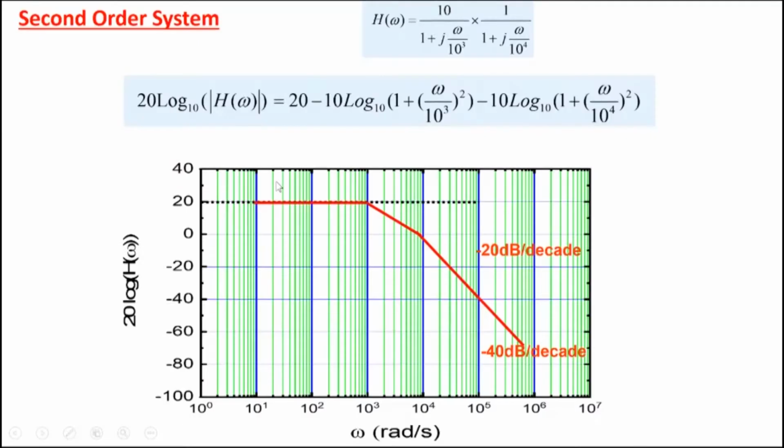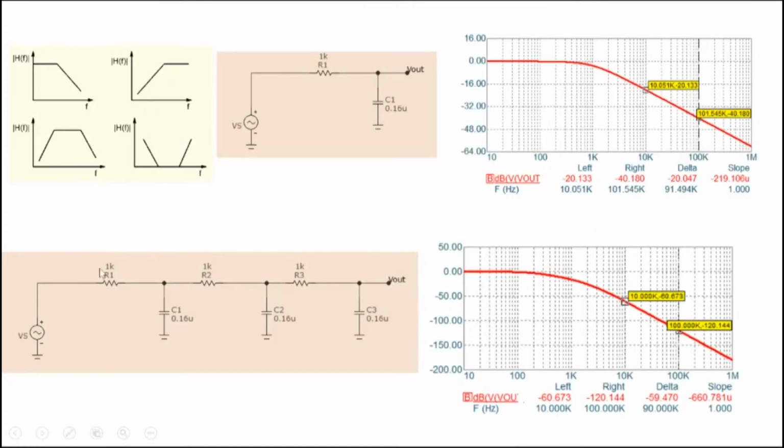Recall that this is a first order transfer function, a first order filter. This other one is a third order transfer function, in the sense that if we look at the denominator, the highest power of omega will be 3 here and 1 here.